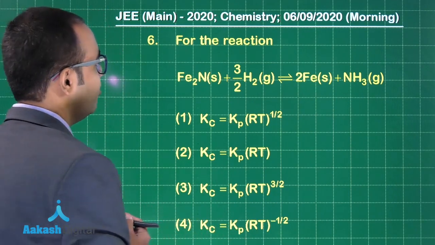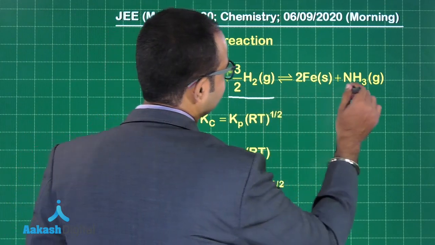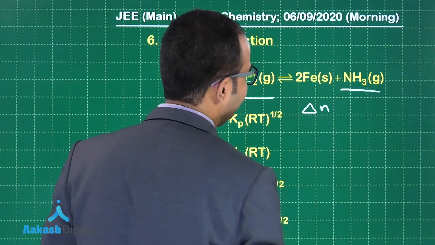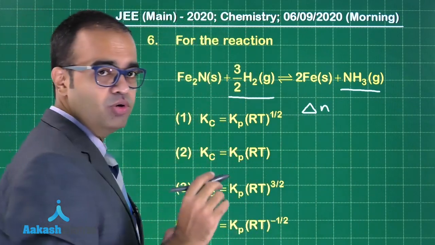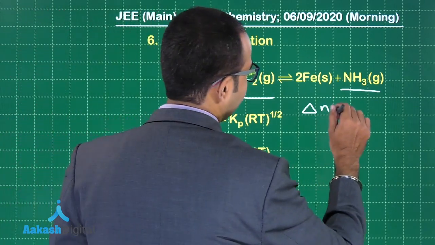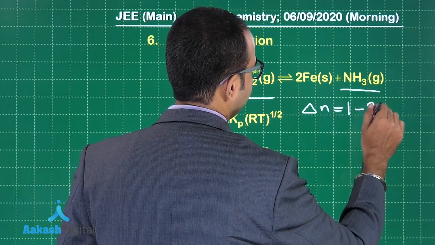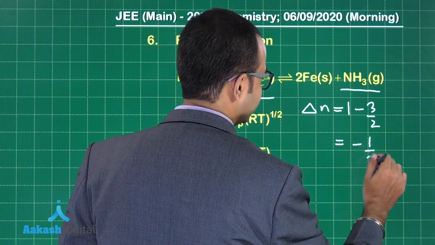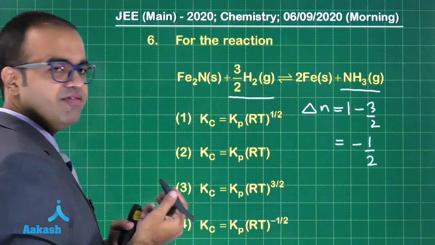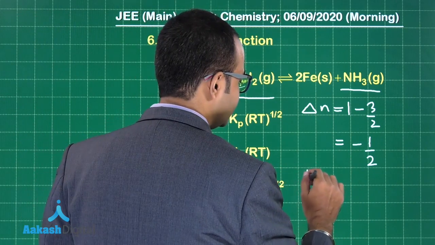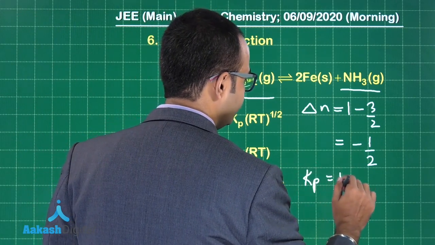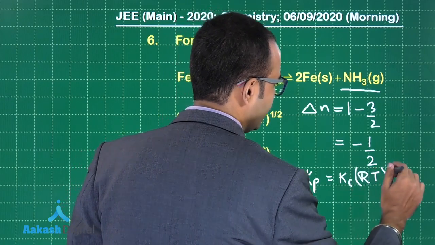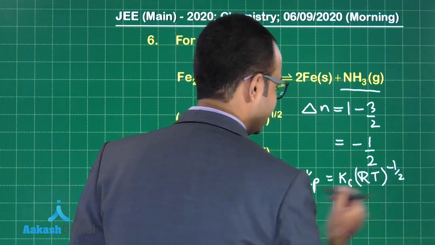So how will we go about this? Let's see. We will consider only gases when we are talking about del N, because del N is applicable only for gases, right? So this will be 1 minus 3/2, which is minus half, right? The equation is Kp is equal to Kc into RT raised to del N. Del N is minus half.